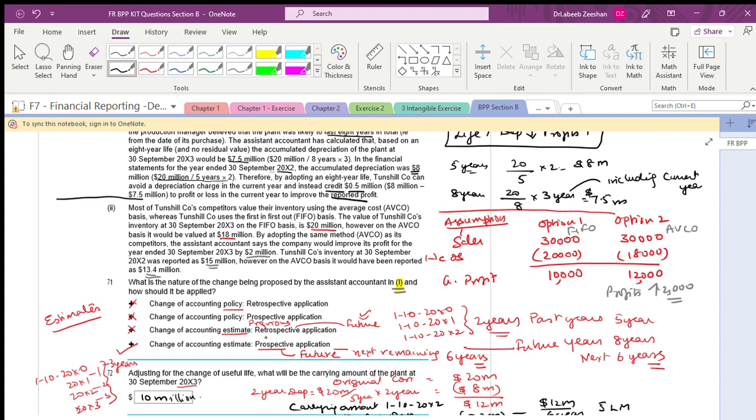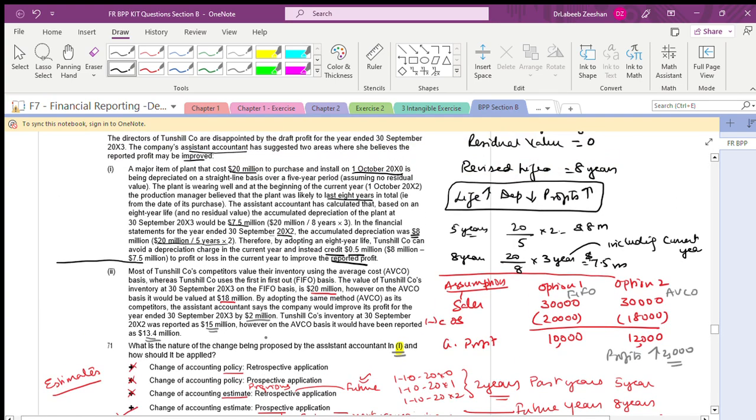Now they have given two things: the closing inventory on 30th September 2002 and on 30th September 2003, both on the FIFO method as well as on the average cost basis. Existing is FIFO. Now they are changing it to average cost basis.